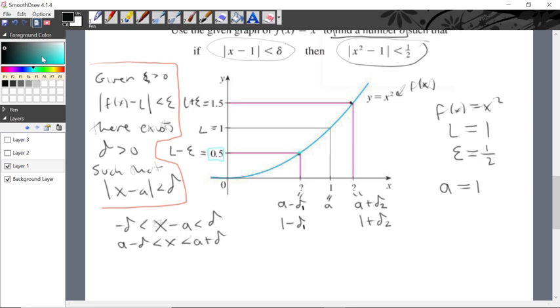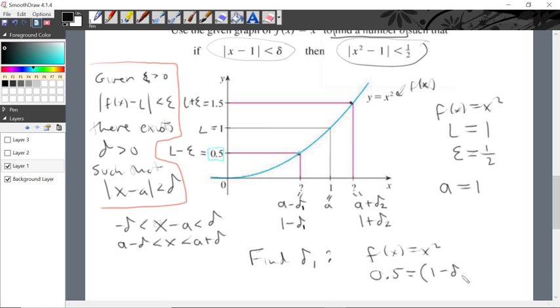All right, so let's go and find delta 1. To find delta 1, notice 1 minus delta 1 is, of course, the x value here. So we have that f of x is equal to x squared. We see that the output is 0.5, and x is 1 minus delta 1.